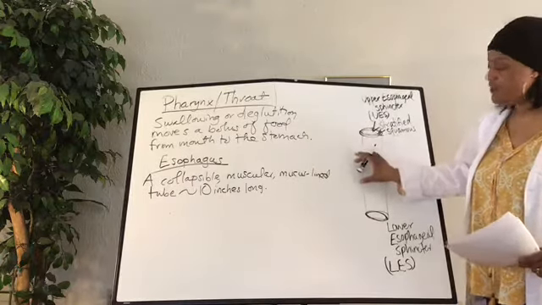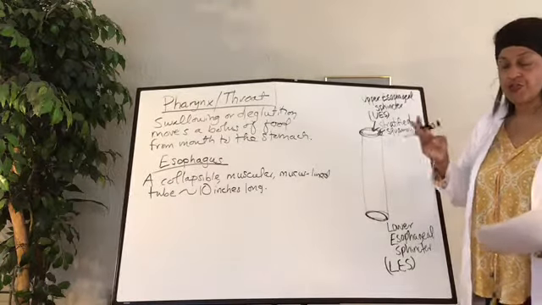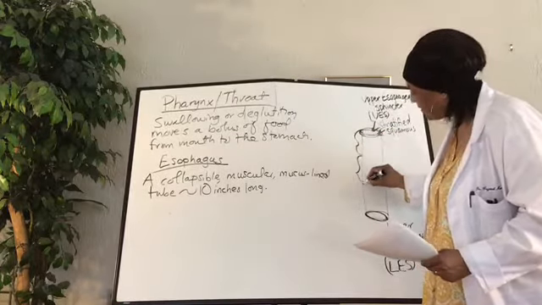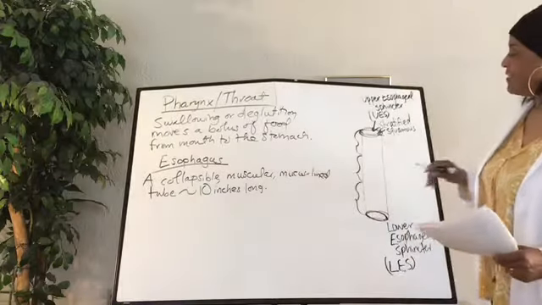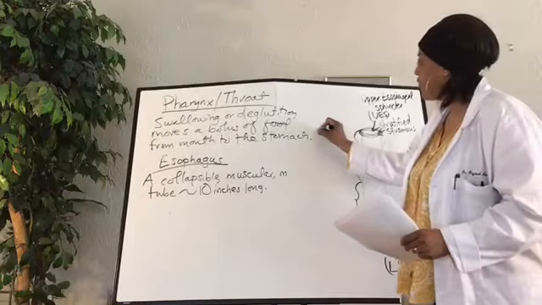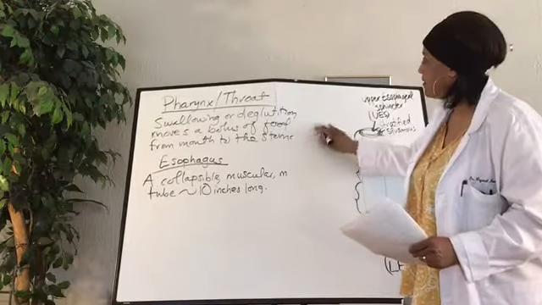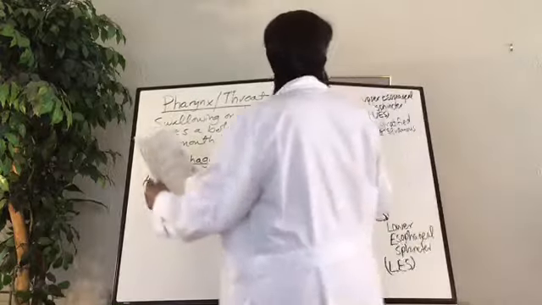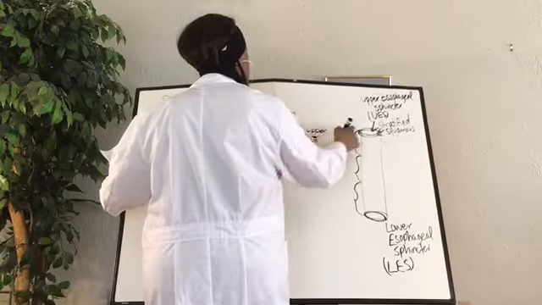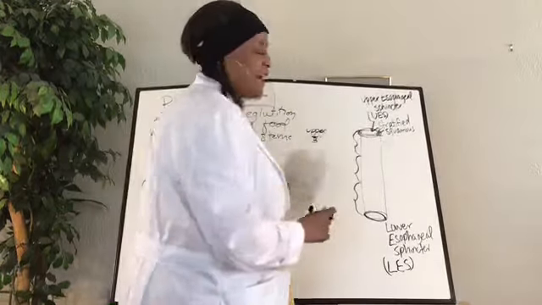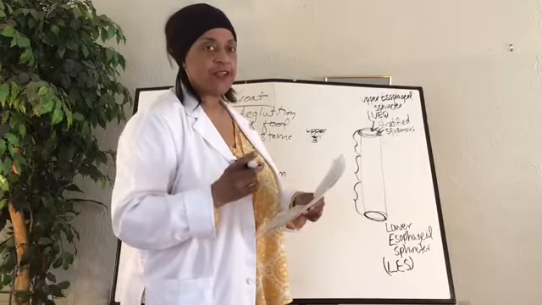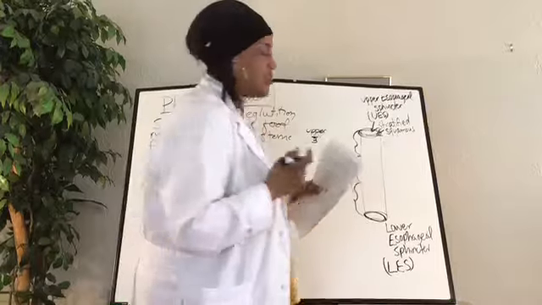Now let me just show you the divisions of the esophagus, in thirds. Let me just try to get it into thirds here. All right, we'll do it like that. So this upper 1/3 of the esophagus is a voluntary striated muscle.